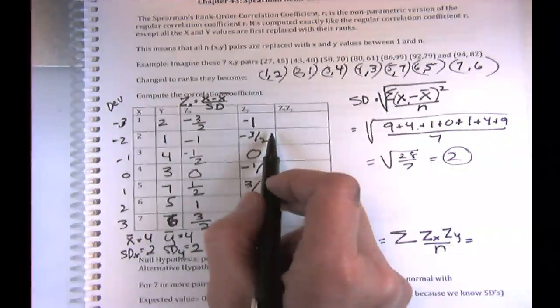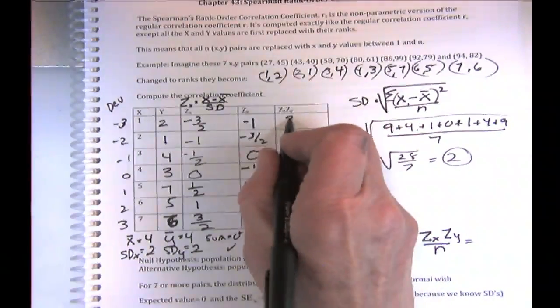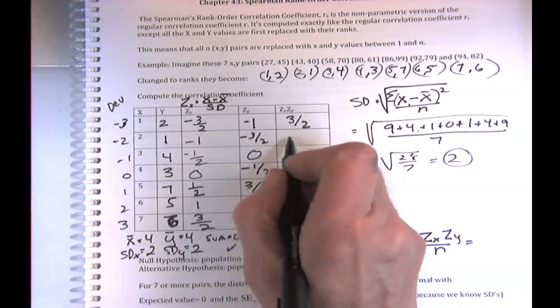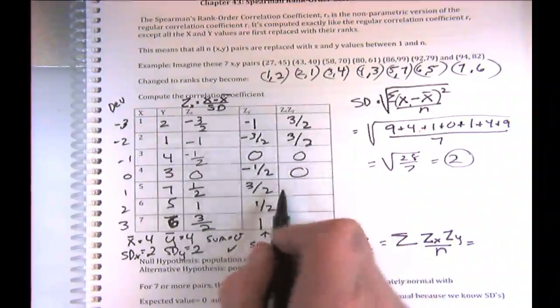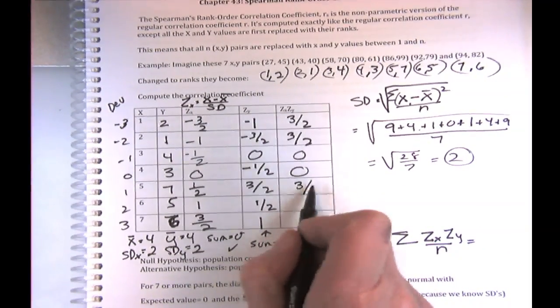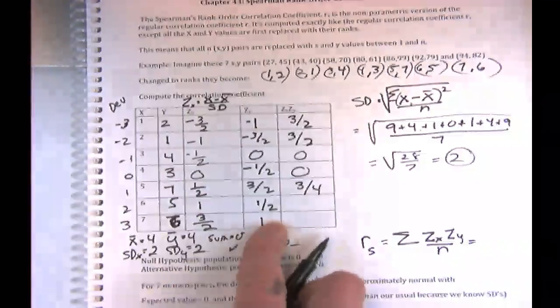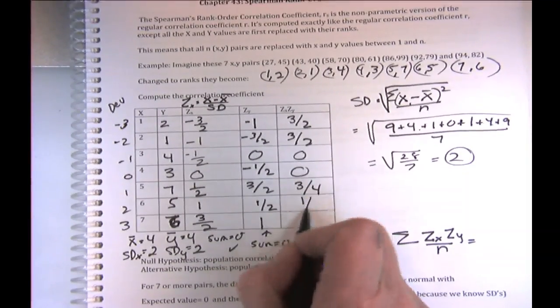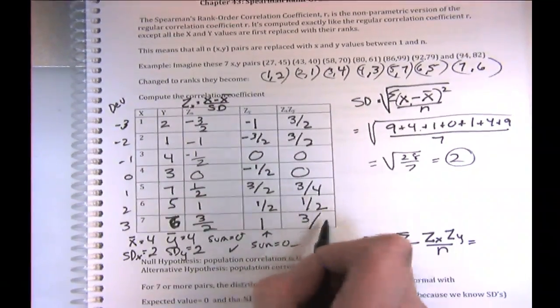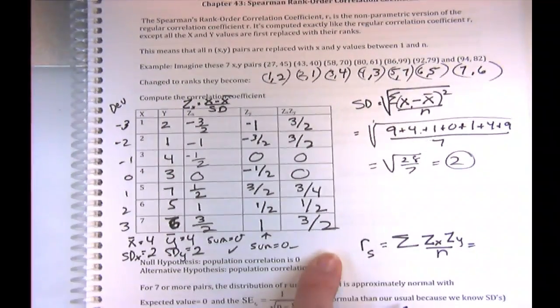So now we're just multiplying these and we get 3/2, right? 3/2, these are positive. 0, 0, 3/4, and these are going to be positives as well. 1/2 and 3/2. And we're just going to add those up and take the sum.